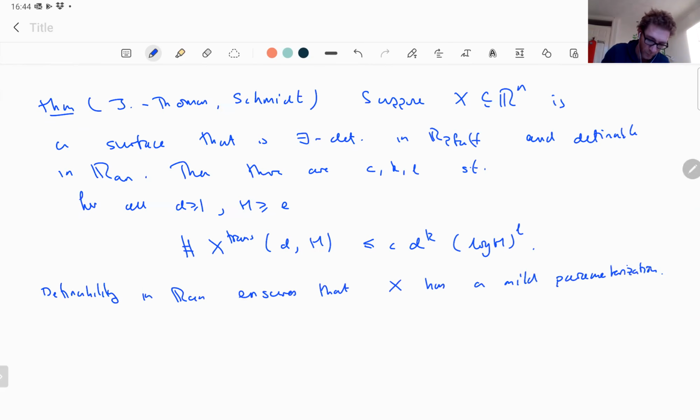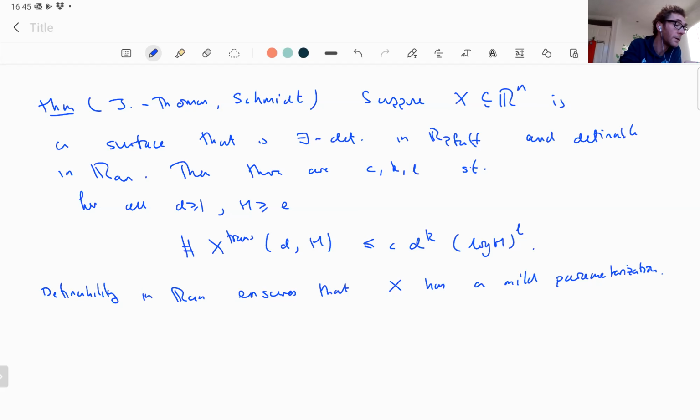So what our theorem actually said was if you're existentially defined in R_Pfaff and have a mild parameterization, then you get this bound. But you just get that automatically if you're defined in R_an.